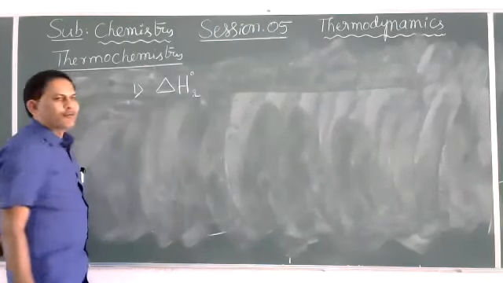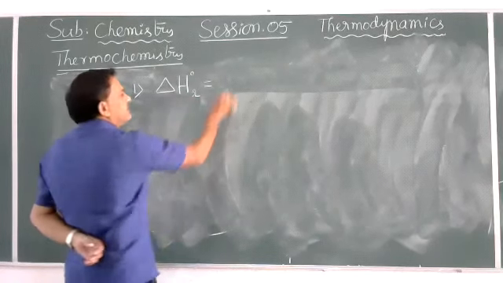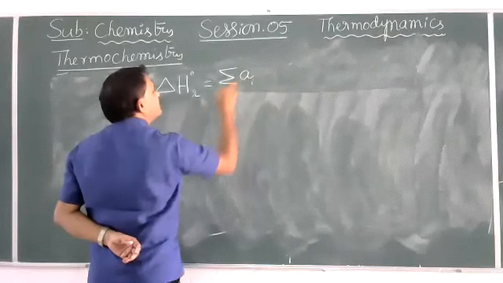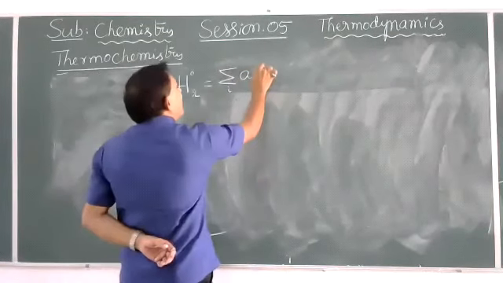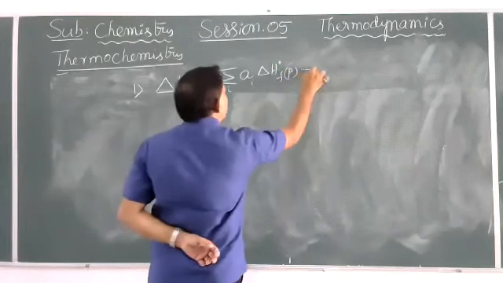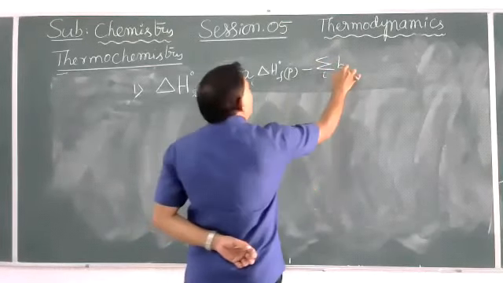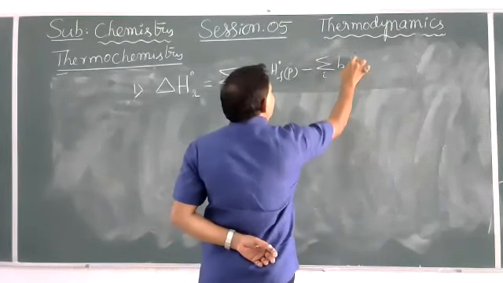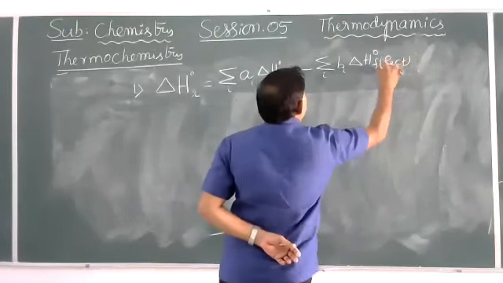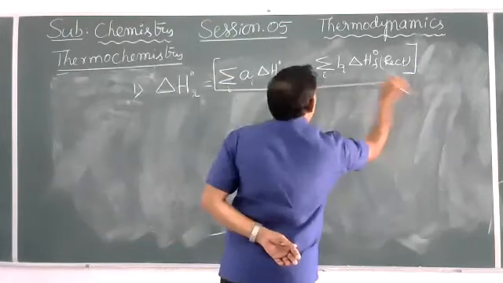This standard enthalpy of reaction generally is calculated by using one important formula, that is the summation of the number of coefficients of the products and their enthalpy of formation, minus the summation of the number of moles or coefficients of the reactants and the standard enthalpy of formation of reactants. This is the formula to calculate the enthalpy of reaction.